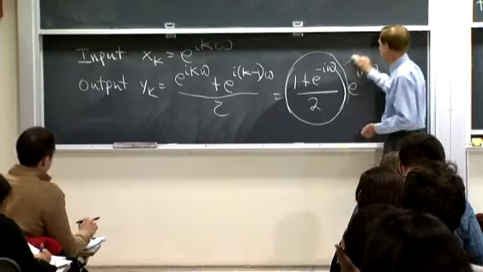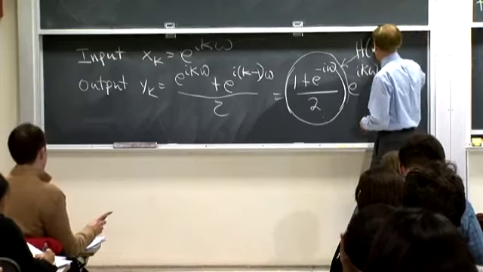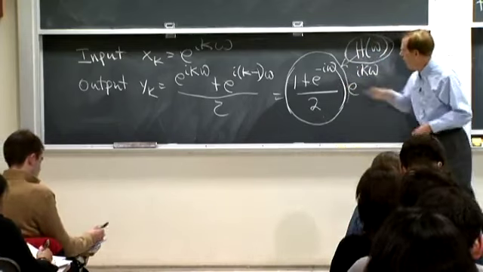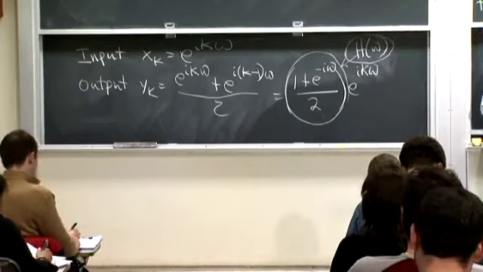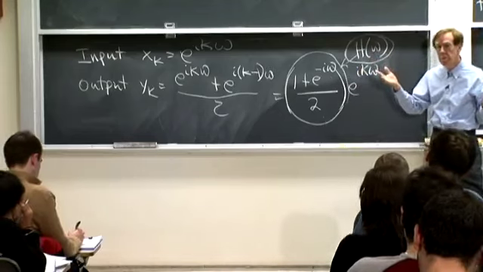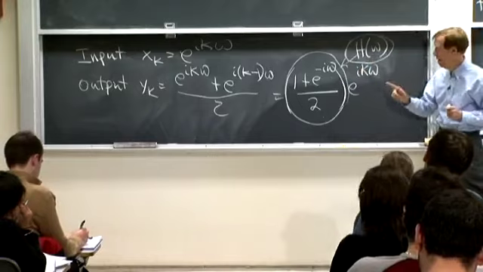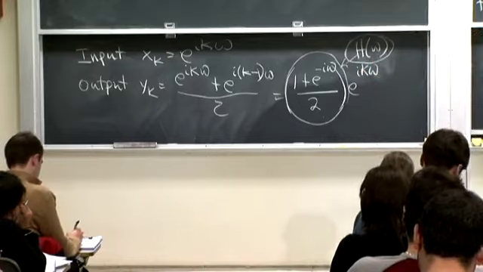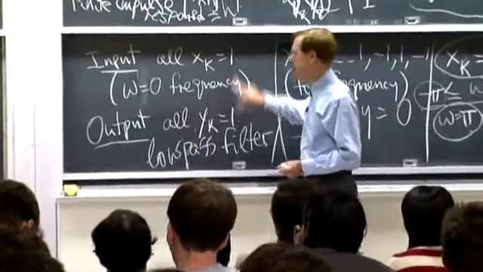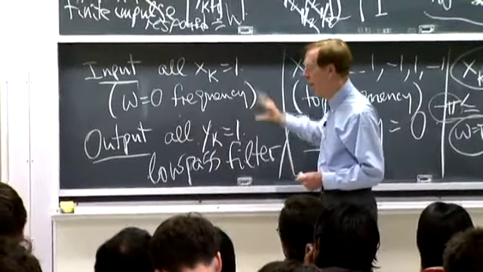So let me call this cap H of omega. What is this factor if omega is 0? Then H at omega equals 0 is 1. That's telling me again that at 0 frequency, the output is the same as the input. This is multiplied by 1.